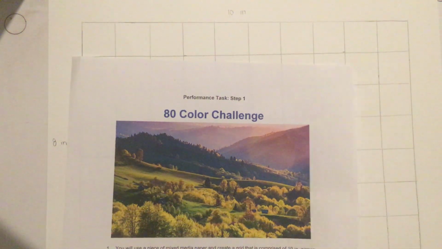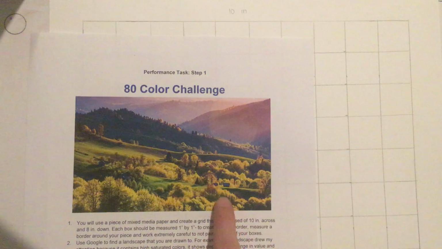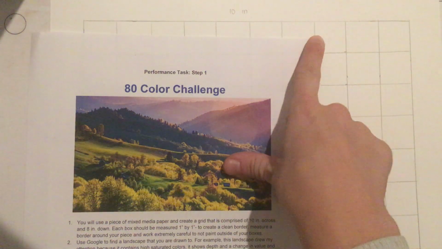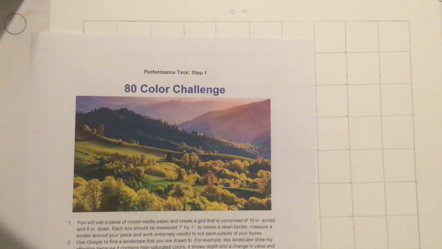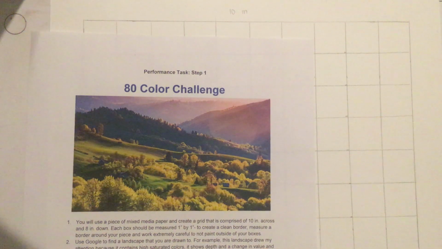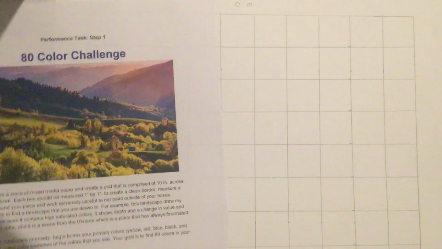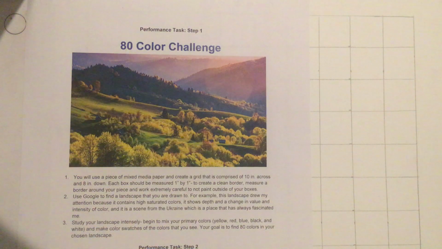But if I try to create this yellow-green that's used in the tops of the trees, and I paint it up here, that means you cannot paint that color again in your table or on my table. So essentially you want to be able to know how to mix 80 different colors inspired by this piece here.